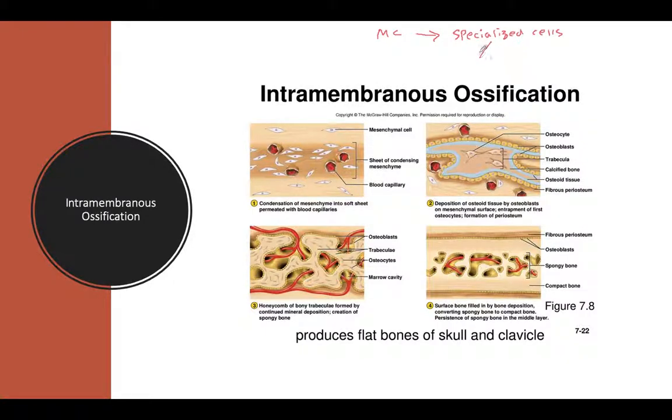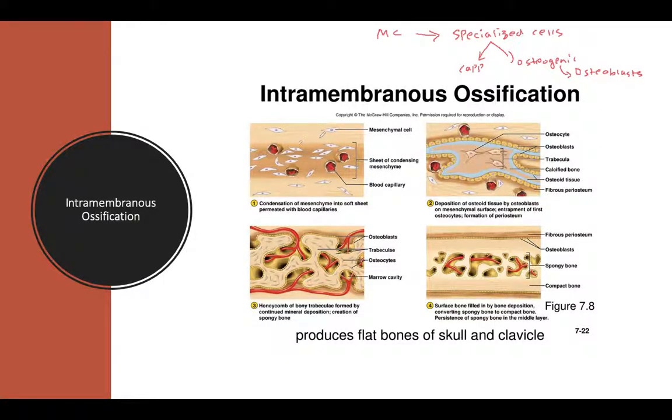Specialized cells can be capillaries or they can be osteogenic cells. Osteogenic cells means something that is going to give rise to bone cells, right? Pretty much osteoblasts, or these are the new immature bone cells, right? As you can see here, this is after differentiation basically.